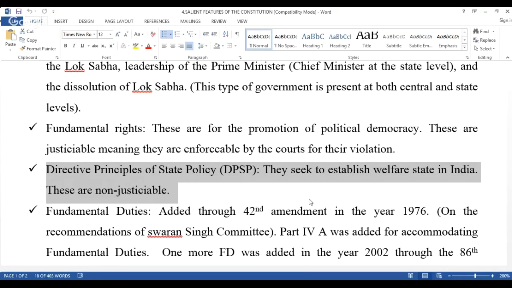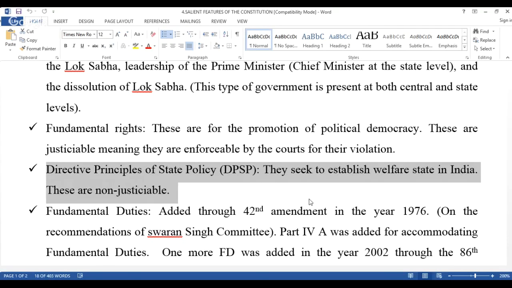Let's try to understand the difference between these two. First of all, you understand that directive principles are basically meant for establishing a welfare state, meaning the state will look towards the good of the people. That is called a welfare state.